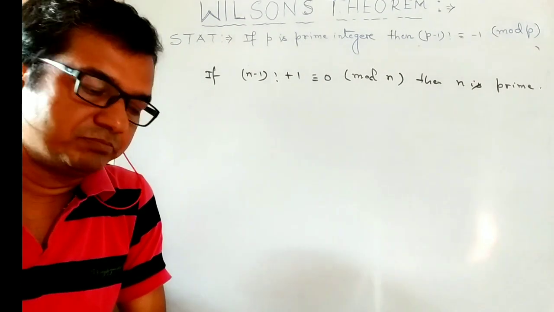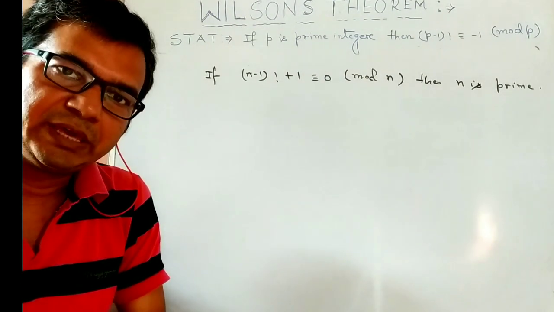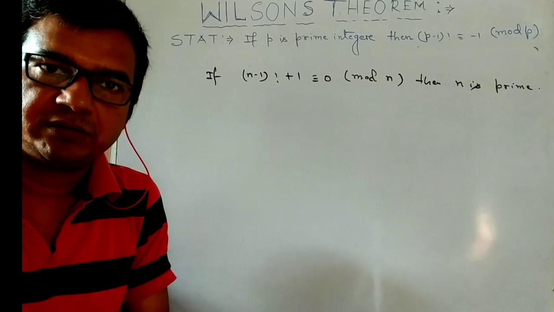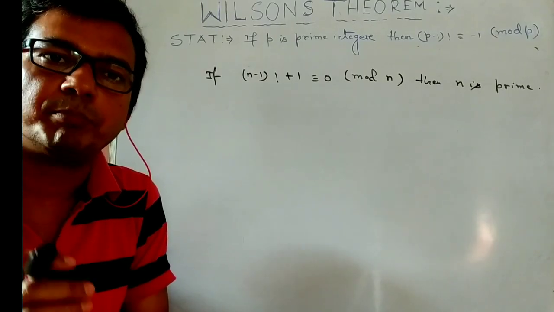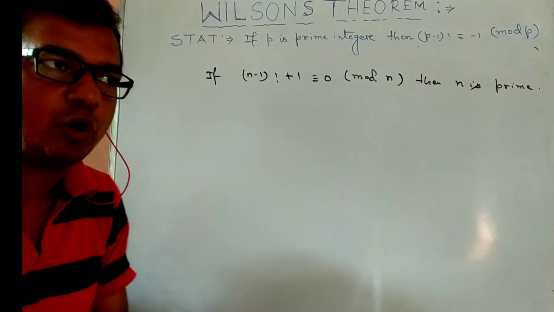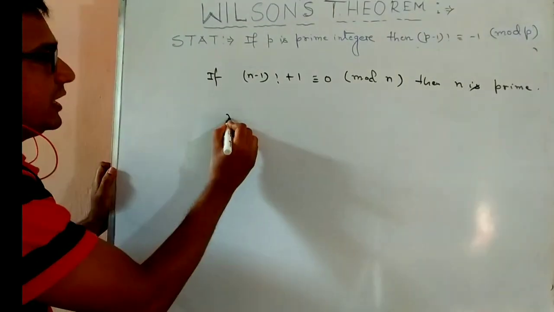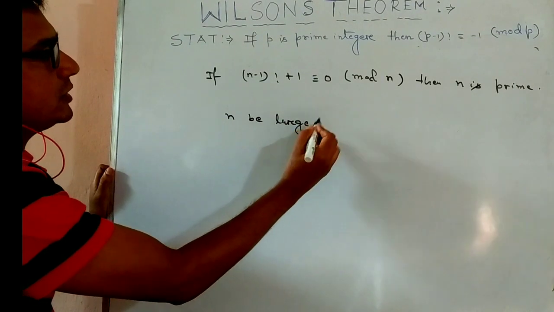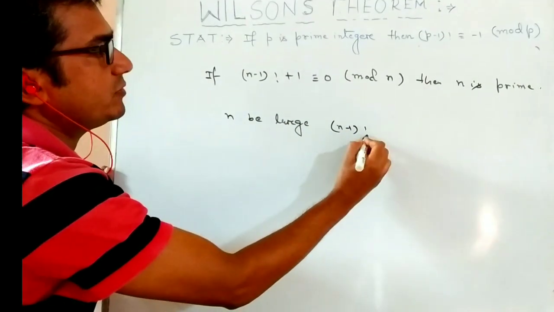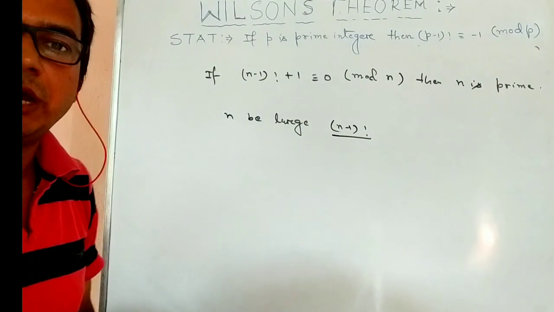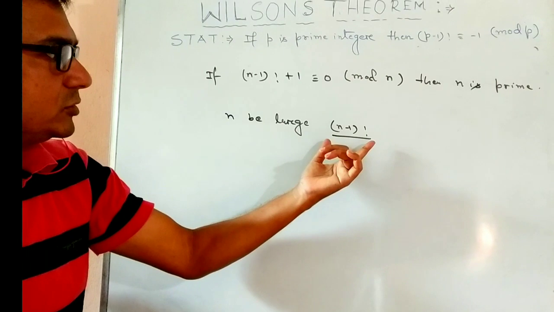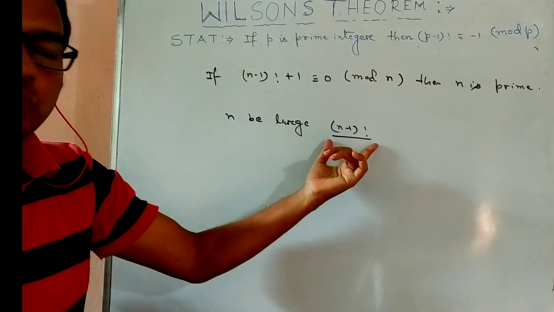But this theorem is impracticable for the testing of primality, because if we take n to be large, then (n-1)! is also very large, so we face difficulty in finding this factorial.